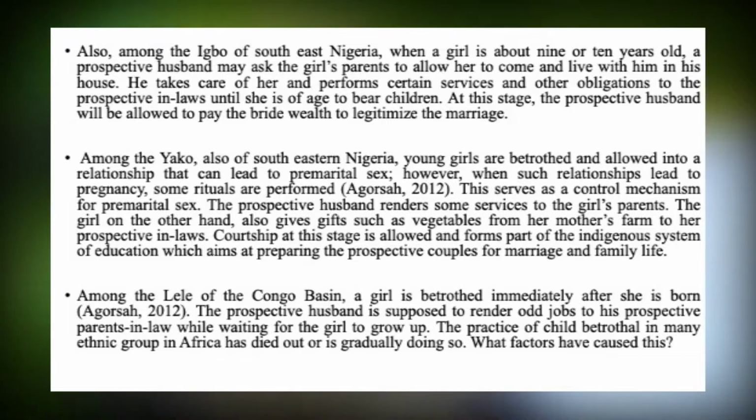Among the Yakos of southeastern Nigeria, the nature of the child betrothal is such that the girl is allowed to be in a certain kind of relationship with the boy she is betrothed to. There is the likelihood that the relationship may lead to intimacy, and the girl may even end up getting pregnant.